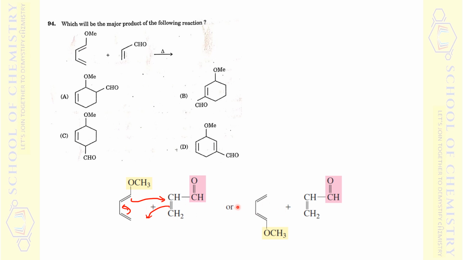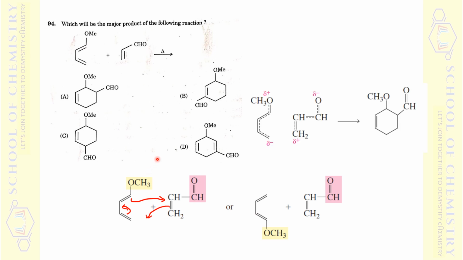That is the question. First thing is that this diene is substituted with OMe, an electron donating group, which favors the 4+2 cycloaddition. The dienophile is also substituted with an electron withdrawing group, so that also favors 4+2 cycloaddition. Now, between these two orientations, which cycloaddition is preferred?